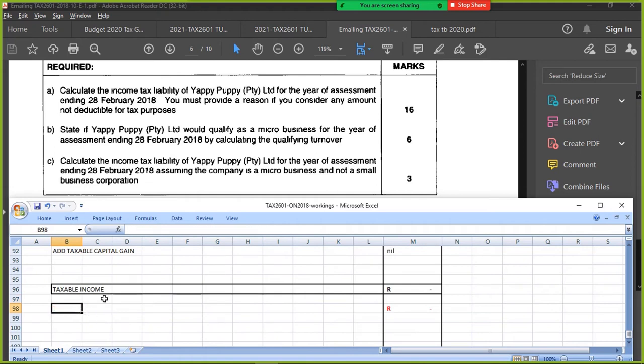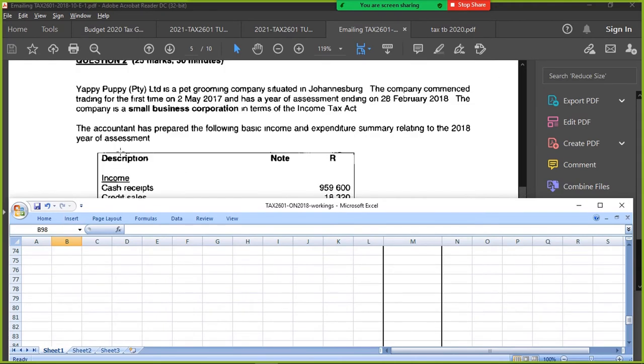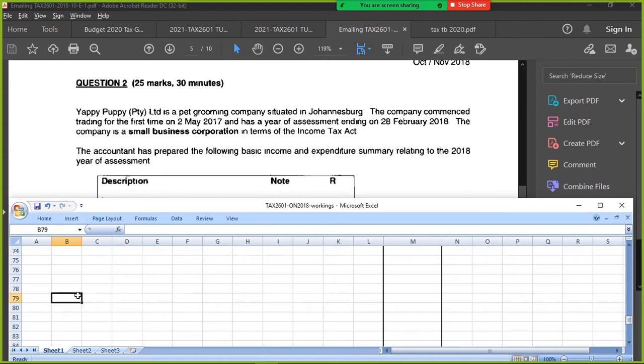Okay, we need to follow the tax tables, right, because it's an SBC. Okay, that's the first one. What's the next one? Okay, if it's a micro, then we'll obviously do something different. And assuming the company is a micro and not an SBC, that's qualifying turnover. So we need to work that out first, then work out the micro. Okay, so A is looking at SBC, B and C is looking at micro. Okay, let's go to the question and let's go through the workings.